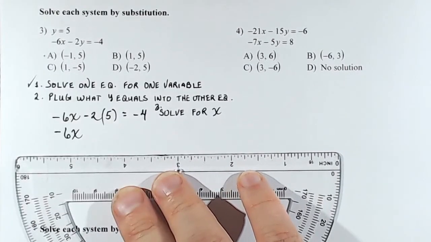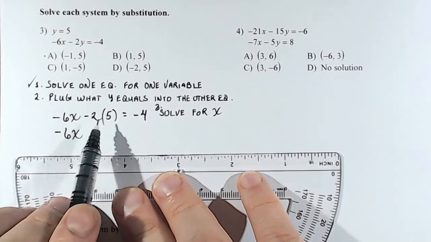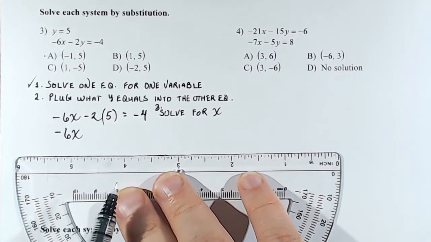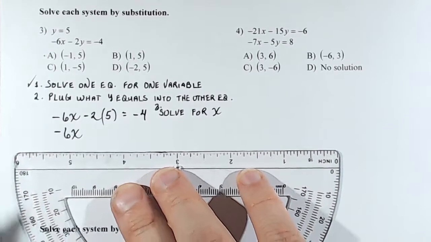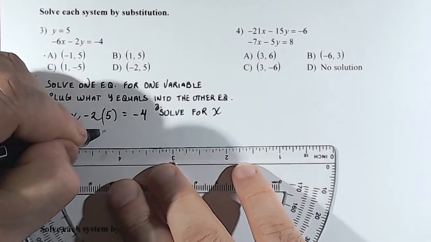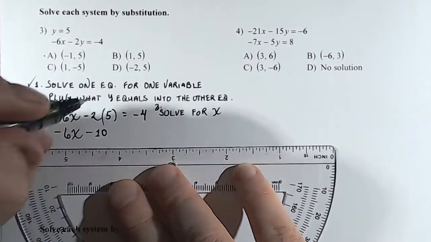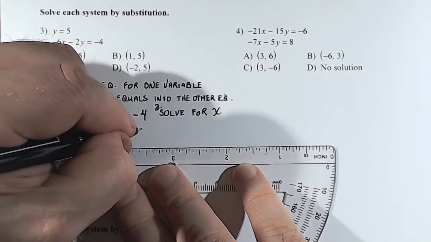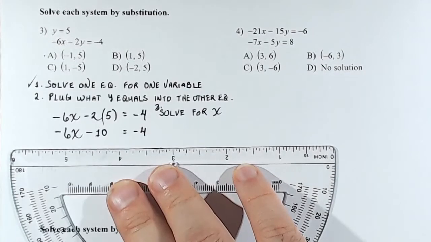We're not ready to deal with him yet. We have to deal with this -2 times 5. Well, -2 times 5 is -10. So I'll simplify that by writing -10, and then bring down the equal sign and set that equal to -4.